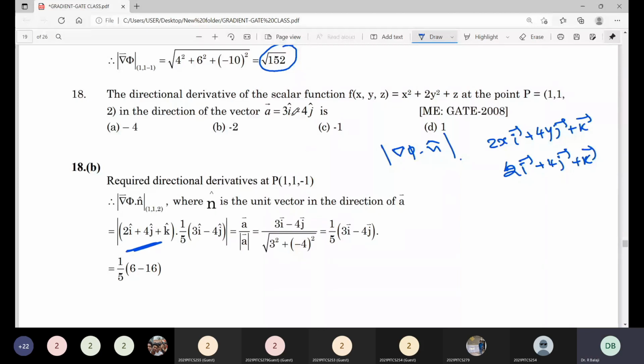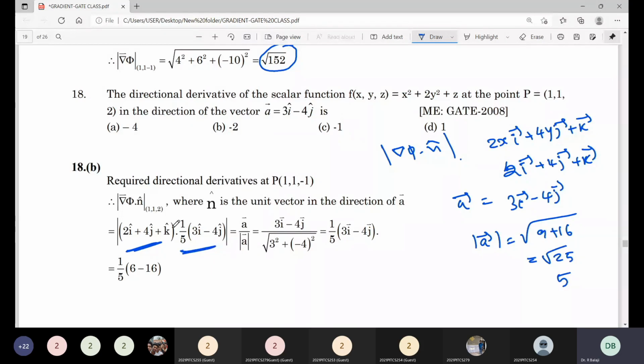Then a vector divided by modulus of a. Here a is equal to 3i minus 4j. Then modulus of a is equal to root of 9 plus 16, which is root of 25, that is 5. So n cap is 1 by 5 into (3i vector minus 4j vector).